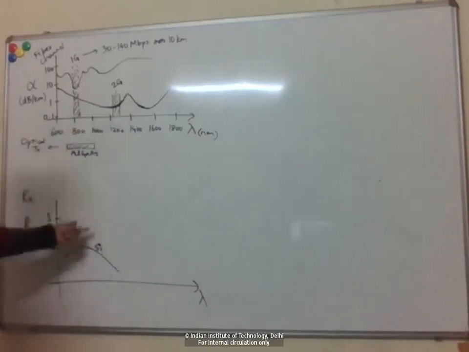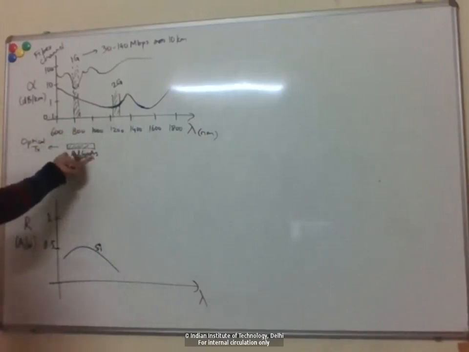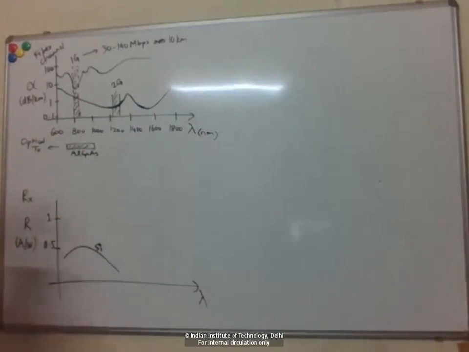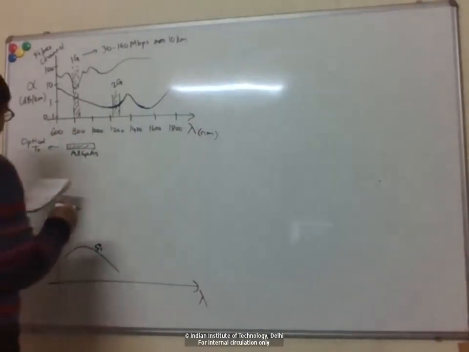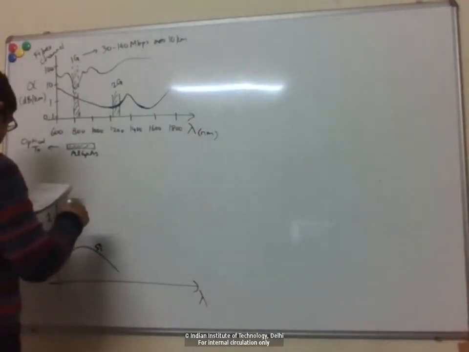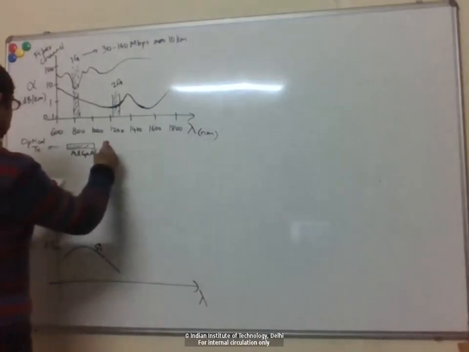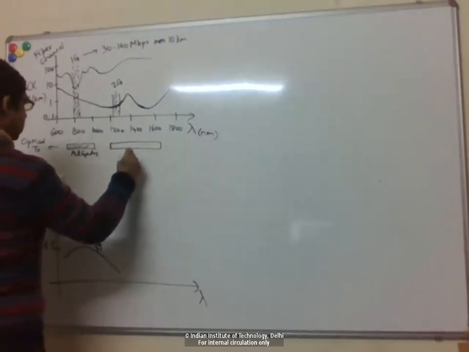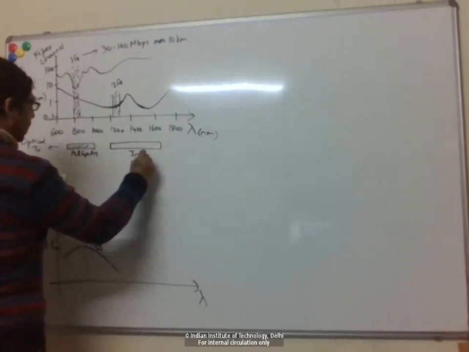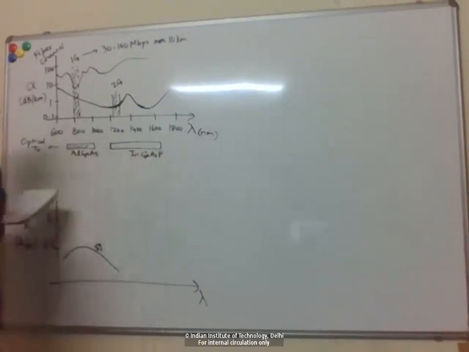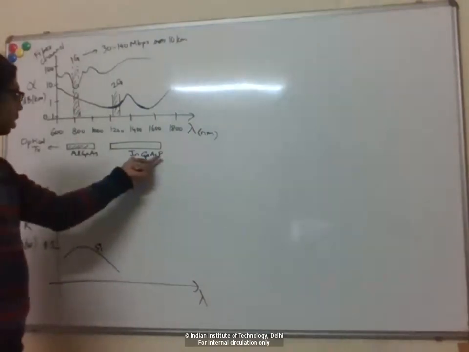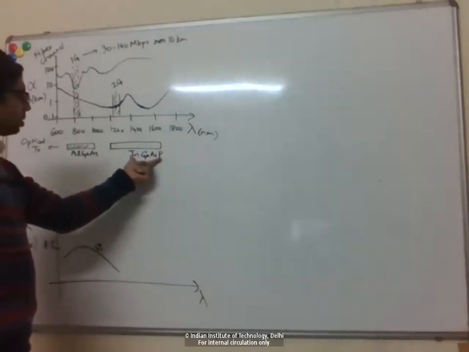For that, of course, we can't use these AlGaAs sources, and we also can't use the silicon detectors. So new technology had to be developed, based on indium gallium arsenide phosphide. Now four different semiconductors were used.